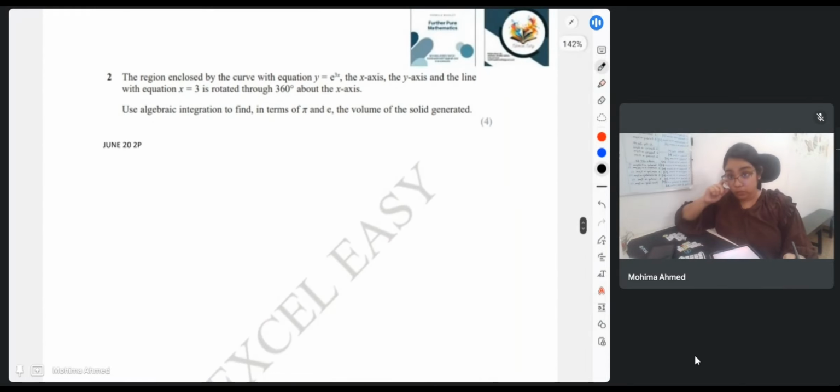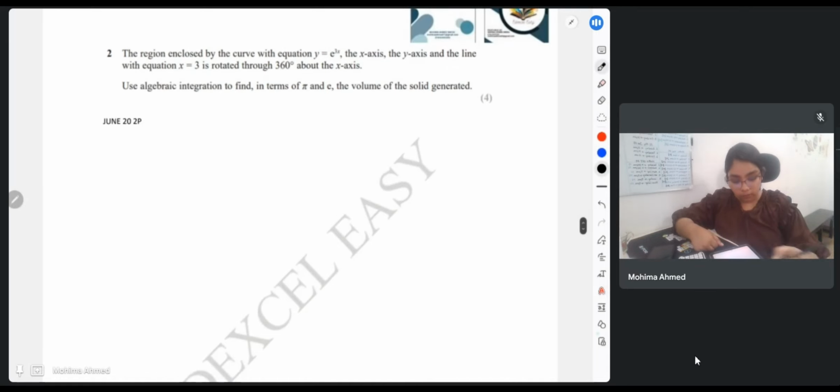This is from June 2022. The region is enclosed by the curve with equation y equals e power 3x, and the x-axis, the y-axis, and the line with this equation. It is rotated 360 degrees about the x-axis. Now this time we have to keep your answer in terms of pi and in terms of e. So over here, obviously, I'll draw a graph.